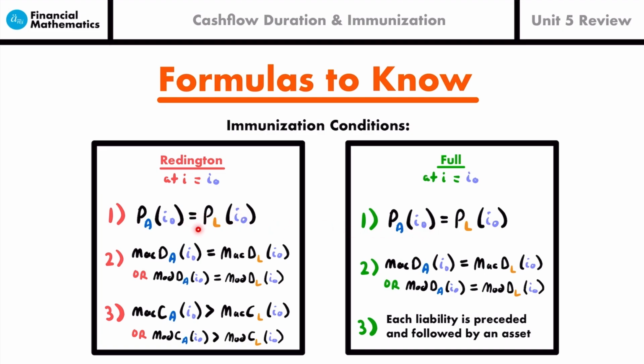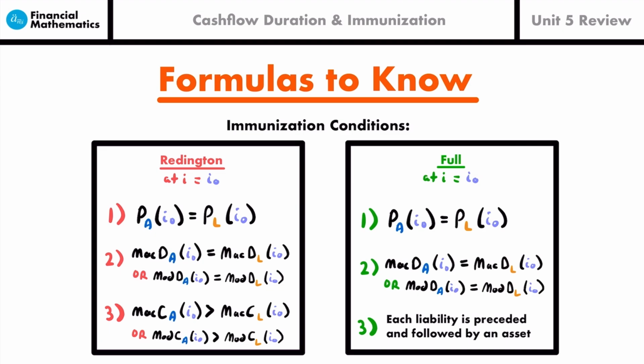That's the same condition for both. Then the second condition is that the duration of the assets must be equal to the duration of the liabilities. And you could use the Macaulay duration for that or the modified duration, whichever is more convenient. Once again, that second condition is the same for both Redington and full immunization.